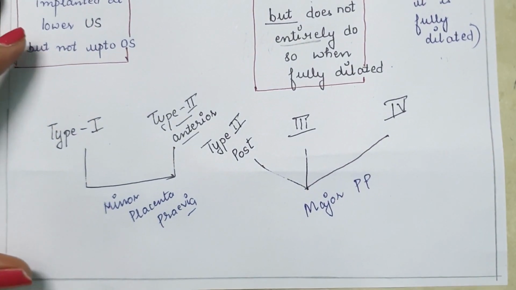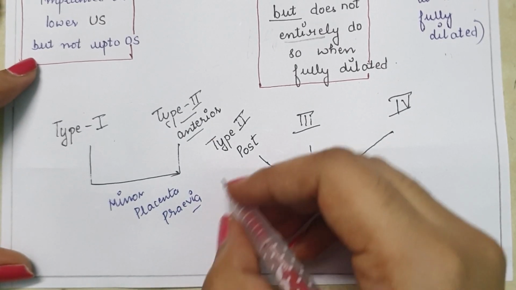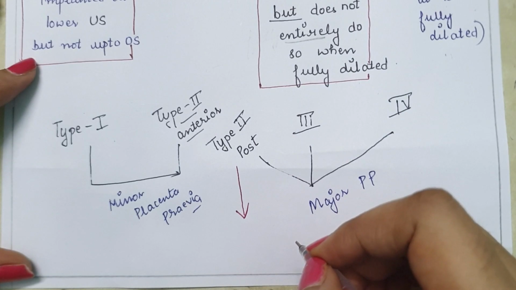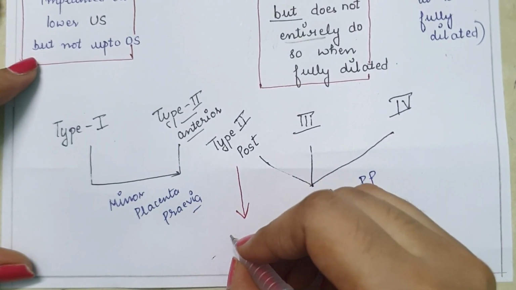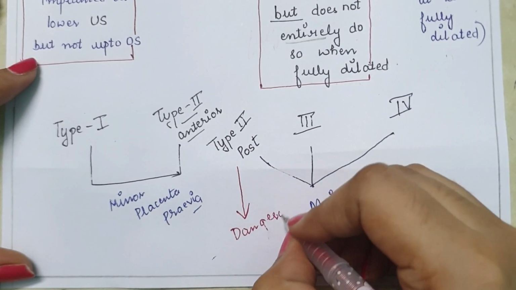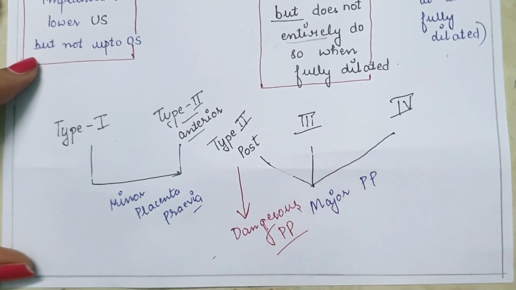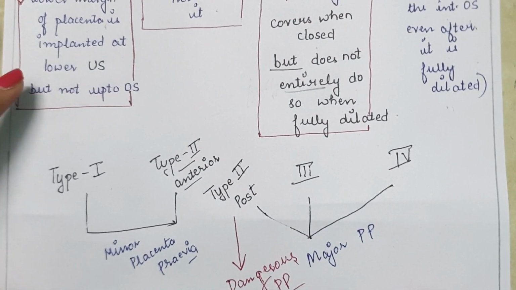And the most dangerous type is type 2 posterior, that is marginal placenta previa, which is one of the dangerous types of placenta previa. So that's all about the types.